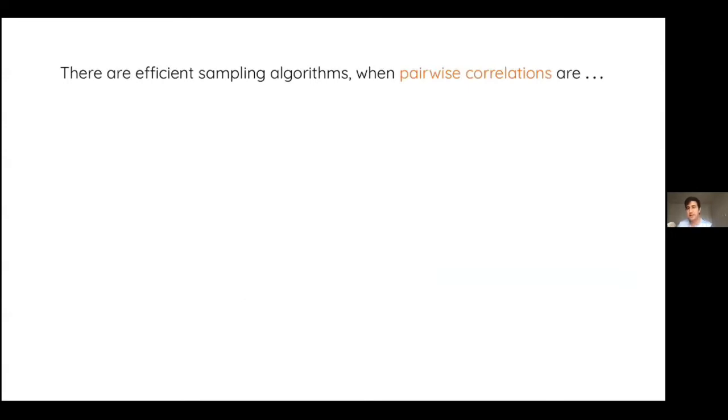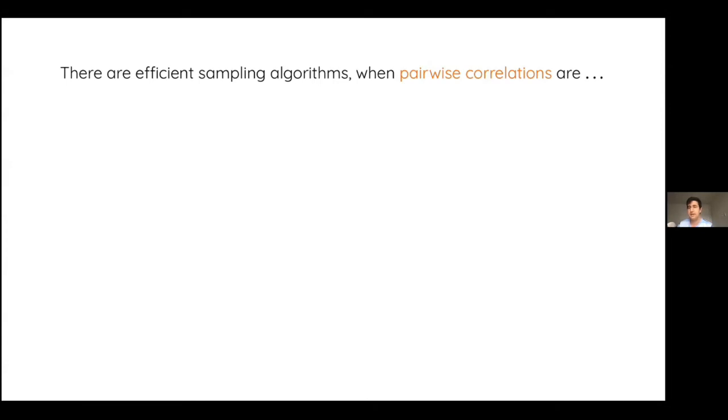So to describe the algorithm, I want to mention first that it's actually based on a framework that I developed with my co-authors in earlier work called spectral independence, and this framework is based on the analysis of high-dimensional expanders.